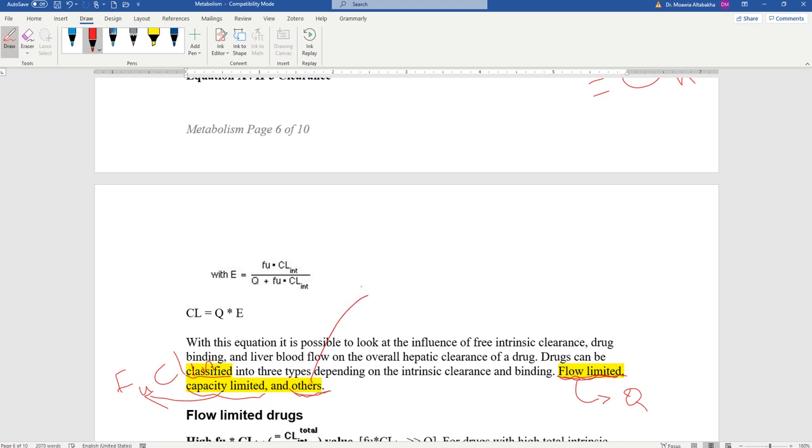Others means all factors, whether Q, the fraction unbound, or the free intrinsic clearance, all these three factors will affect the drug clearance. So drugs can be classified either as flow limited, meaning its clearance is influenced by the blood flow, or its clearance is influenced by fraction unbound and intrinsic clearance, or all of them.